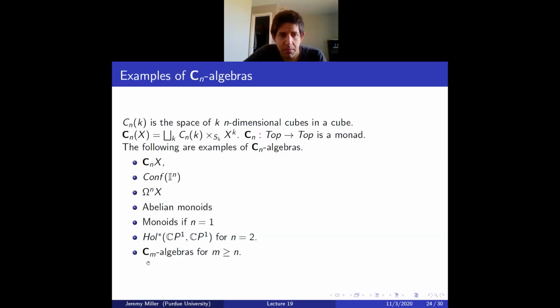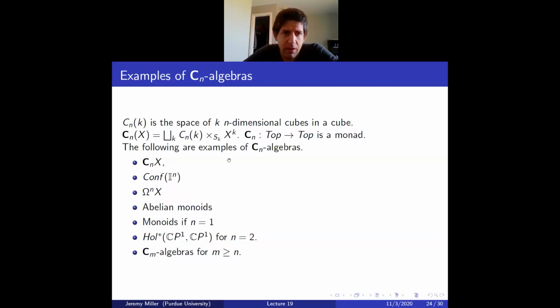And maybe another example that I don't have a slide for: a CM algebra is a CN algebra as long as M is bigger than N. You should think of this as analogous to how an abelian group is a group.